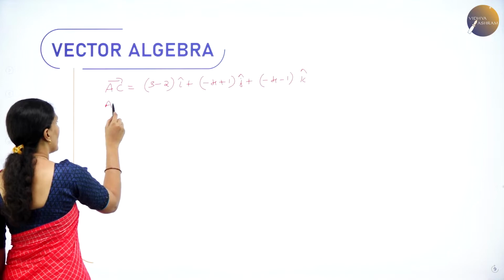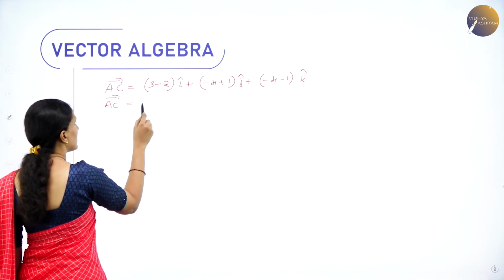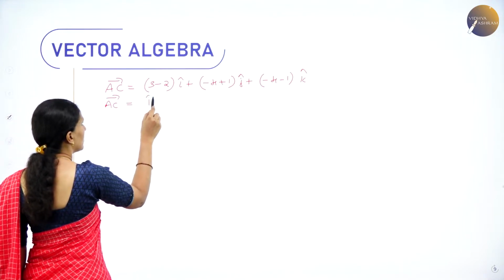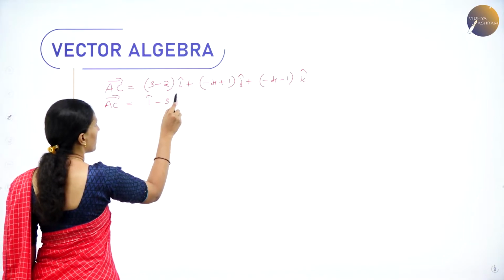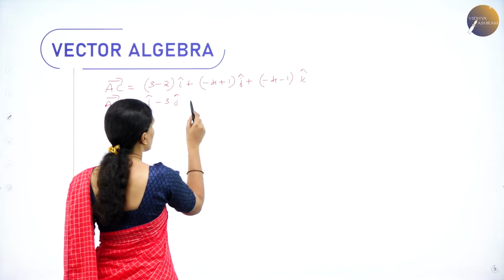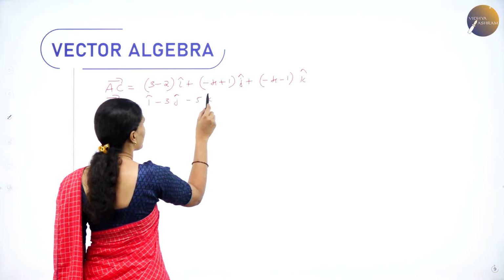So now vector AC is I, minus 4 plus 1 is minus 3j. Next, minus 4 minus 1 is minus 5k.